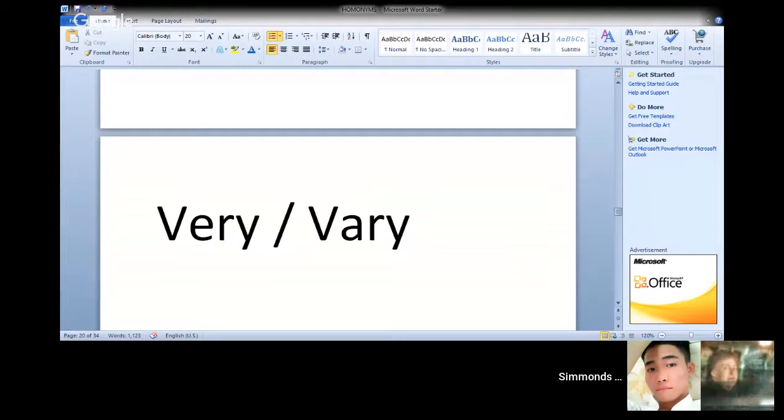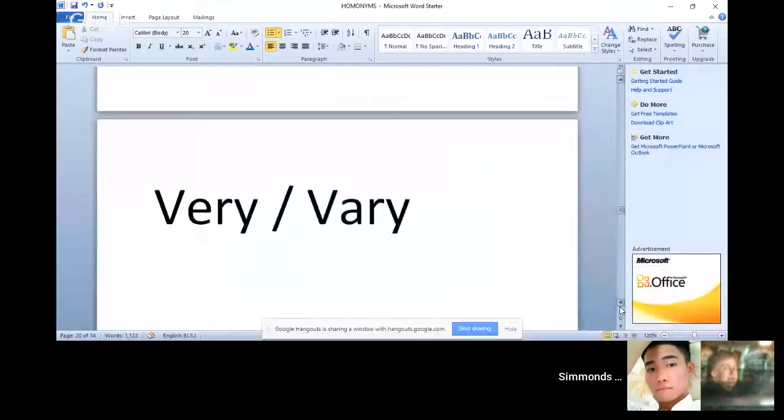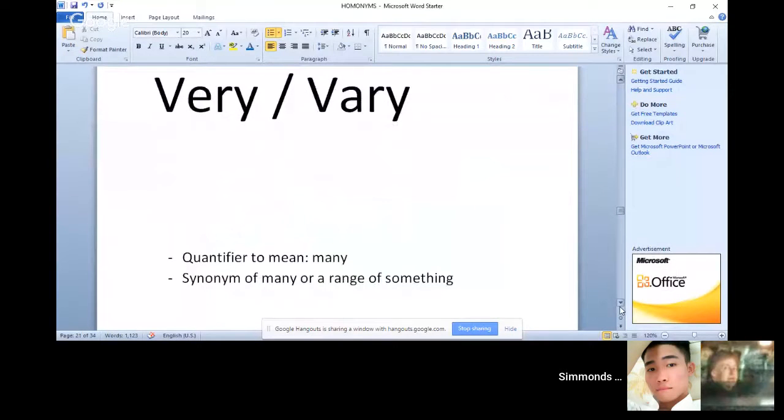I think it is the same meaning with the word change. Okay, the same meaning. I'm going to disagree. So let's discover this together. Well, I already know, but okay, so the first one, very with the E, is a quantifier to mean a lot, right? Because very beautiful, you can't say many beautiful.